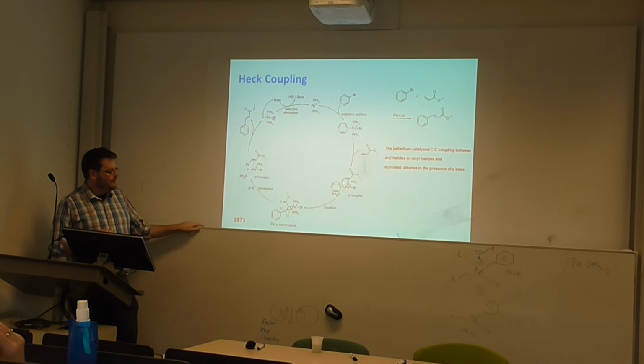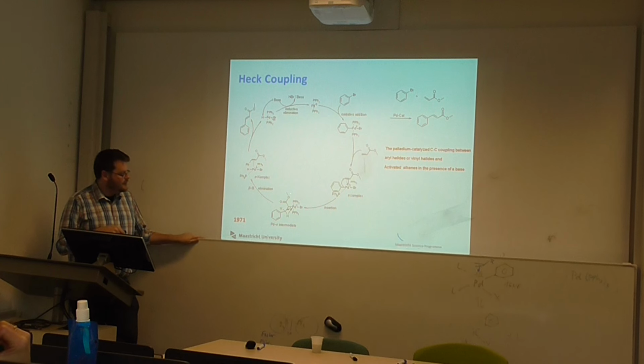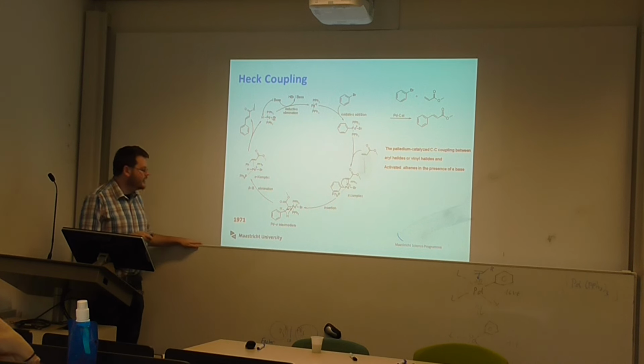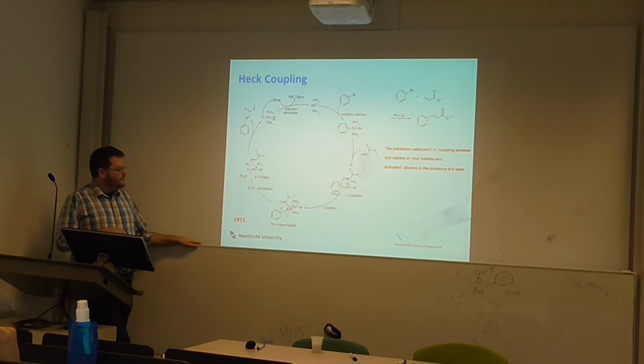And now we have what happening? We have now insertion of the alkene into the metal aryl bond. We end up with this species here, a sigma intermediate, 1971, right? This is work of Heck, it's actually 1972, but okay. Then we have the beta hydride elimination, right? We form this guy here, and then we form another pi complex.